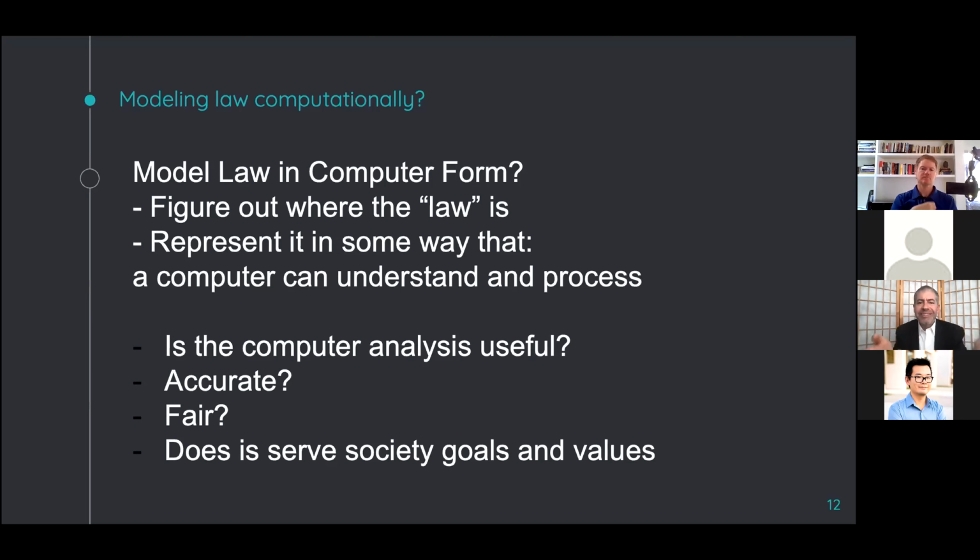Will it be data about the law that we draw implicitly by scanning large troves of data and gathering patterns? How will we analyze it? And then how do we know that the results will be useful, accurate, and fair and meet the values of society? And then are there trade-offs for making it computational?